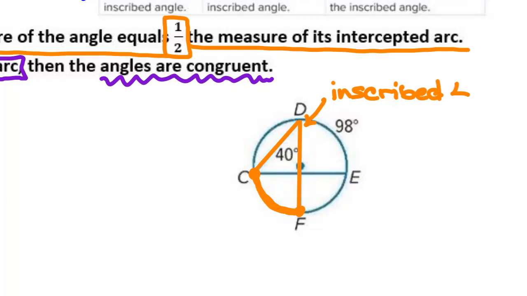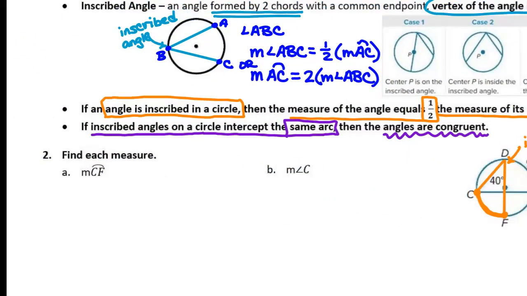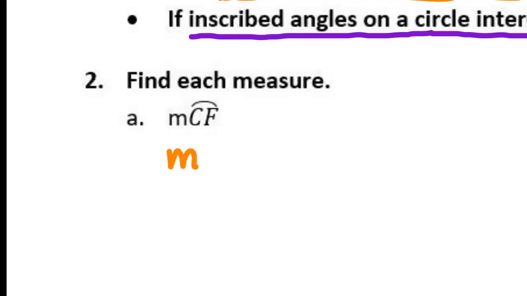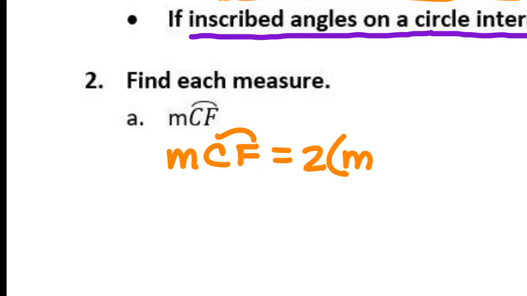And what's the relationship again between the inscribed angle and the arc that it intercepts? The angle is half of the arc, but the arc would be what? 2 times the angle. So the measurement of arc CF is equal to 2 times the measurement of angle CDF.